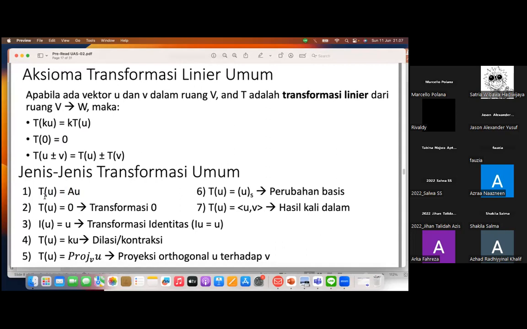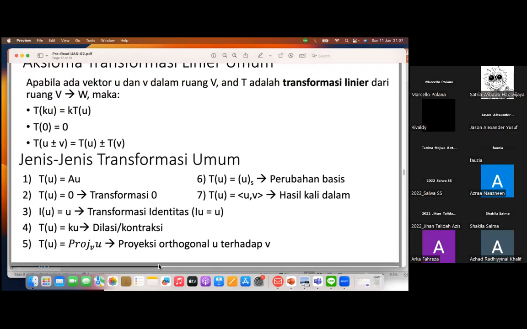From here, we have the general transformation. We have the zero transformation, where if we transform U, it will lead to 0. We have identity transformation. We have contraction or dilation. We have projection. We have change of basis, and we have inner product space. So these are just some transformations.